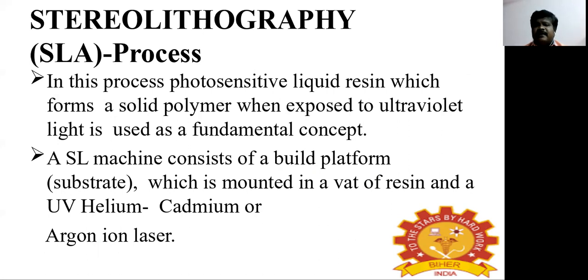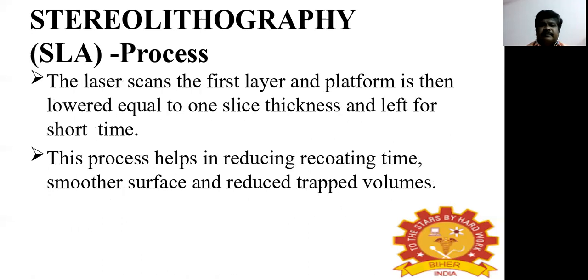So the SLA machine, if you take it, will consist of the build platform, the substrate, so that we can mount it in the vat of resin, and a UV helium cadmium or argon ion laser. That is our SL machine.